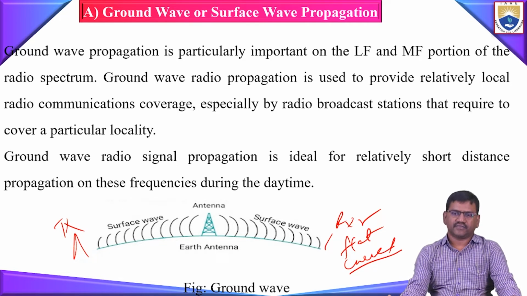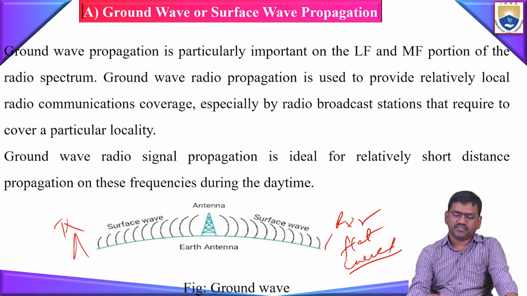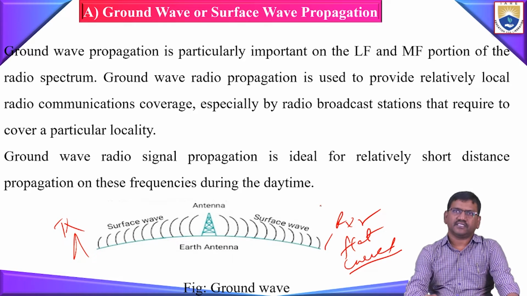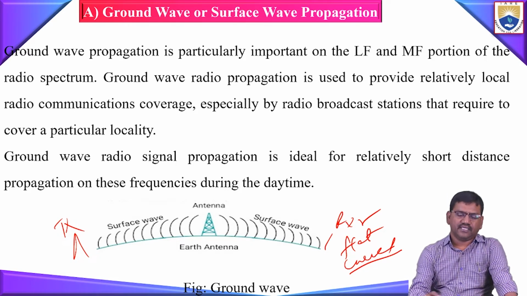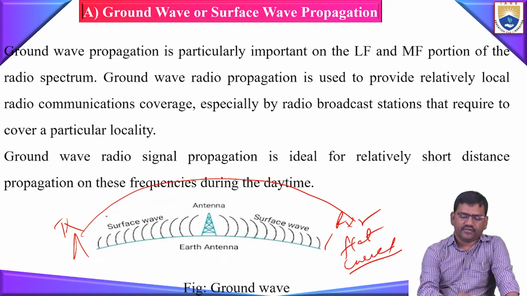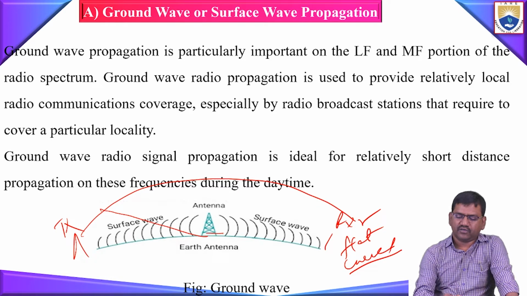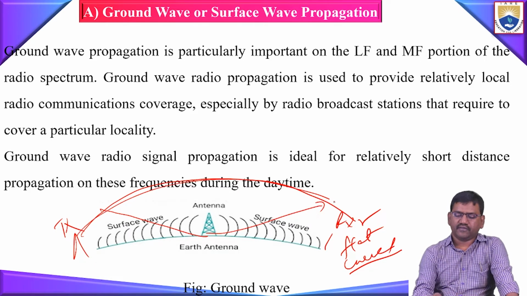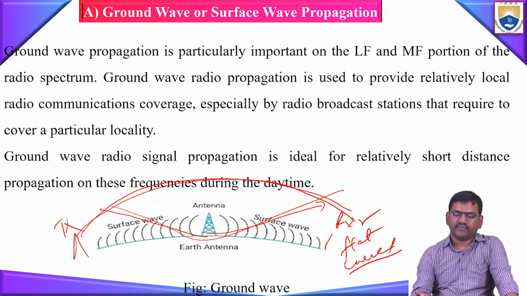They touch the surface of the earth and reach the destination. The reflected wave, after touching the surface of the earth, reaches the receiving antenna. At the same time, some waves travel directly, and some waves reflect from the ground and reach the receiving antenna. These are known as the direct wave and the ground reflected wave.